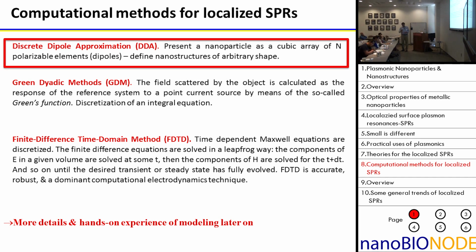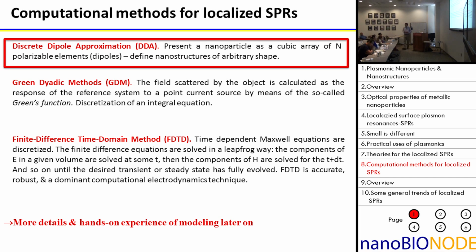Now, I know that later in this course, you will be introduced in much more detail to one of those approaches, which is the discrete dipole approximation approach. In this approach, we present nanoparticles as a cubic array of polarizable dipoles.